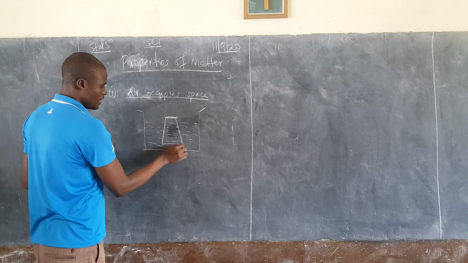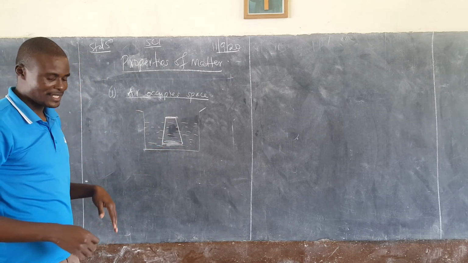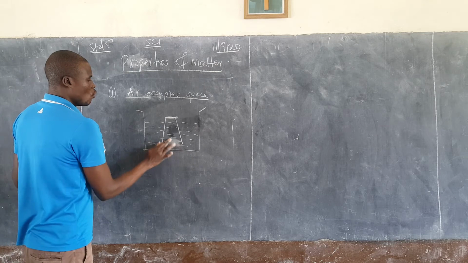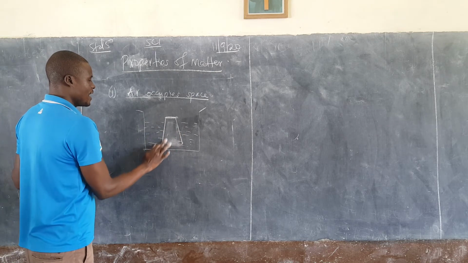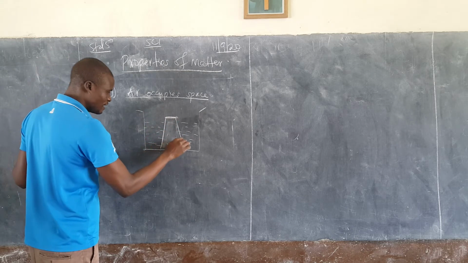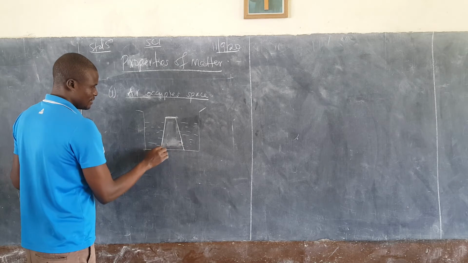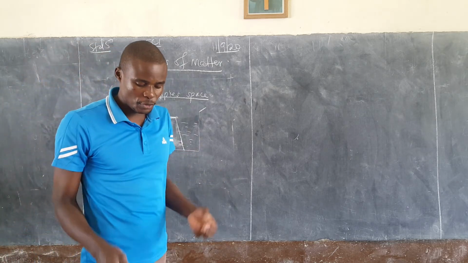Try to put it directly in the water like the way I put mine. You'll realize that water will not be in the glass. The air that was there will take the space. It will occupy this space until the last minute. So water will not enter the glass. Why? Because air occupies space.